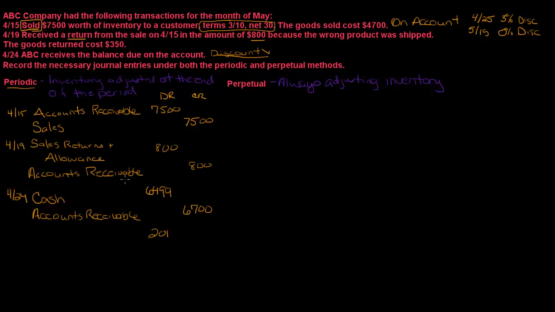Okay, now if you can think back to purchases, when we were doing purchases on the periodic method, where we had purchases and purchase returns and allowances, what did we call the account when we had a discount? Well, when it was a purchase, we called it purchase discounts. So if it's a sale, what do you think it's called? Sales discounts. I heard somebody yell it out back there. Sales discounts.